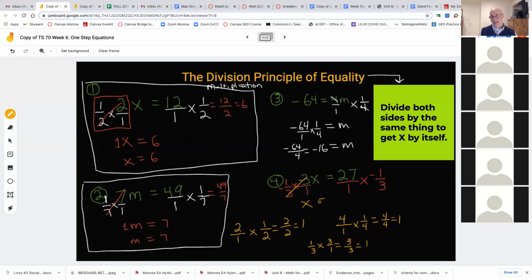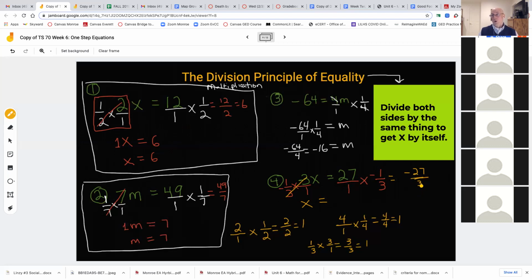Now I've got x equals, okay? I'm going to do the math over here. I've got 27 times, well, if you wanted to cross cancel, I don't want to confuse you. So 27 times negative 1 is negative 27 over 3, or negative 27 thirds.